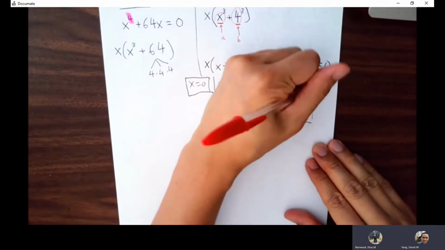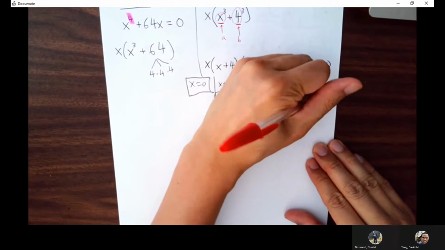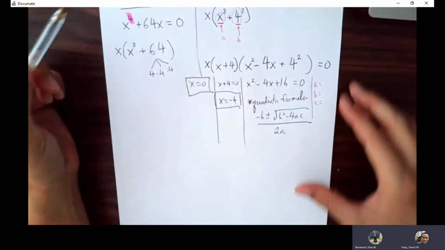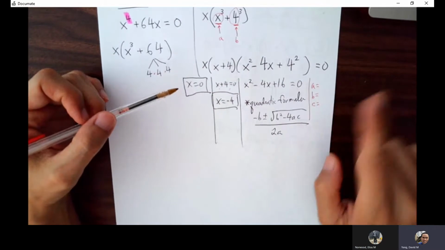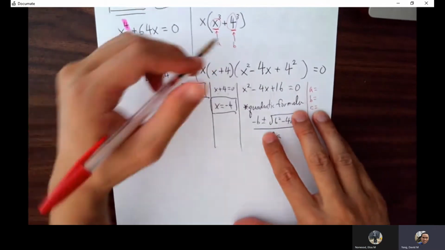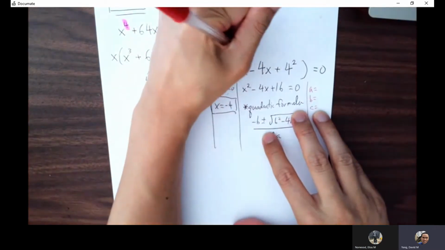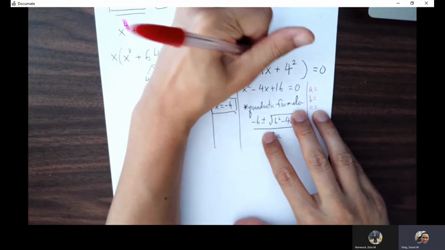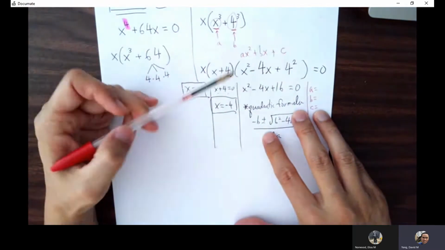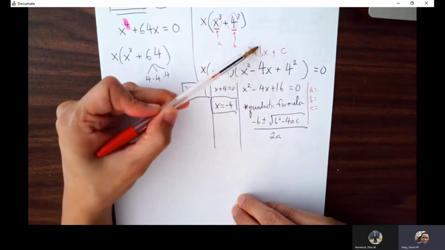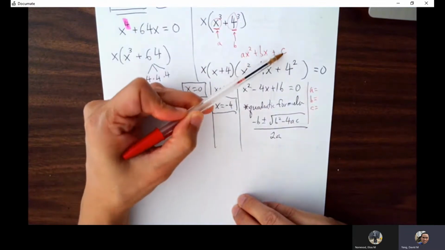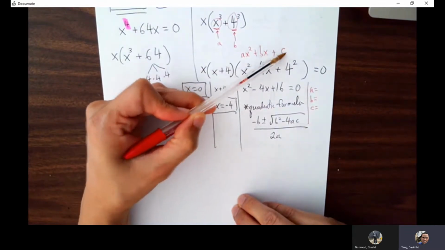Actually, A is the number attached to the x squared. It's going to look like ax squared plus bx plus c. So the a is the number in front of the x squared, the b is the number in front of the x, and the c is by itself, the constant.